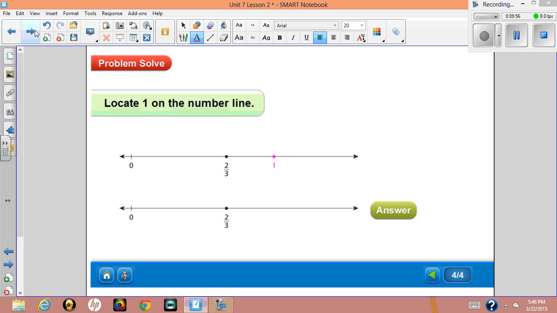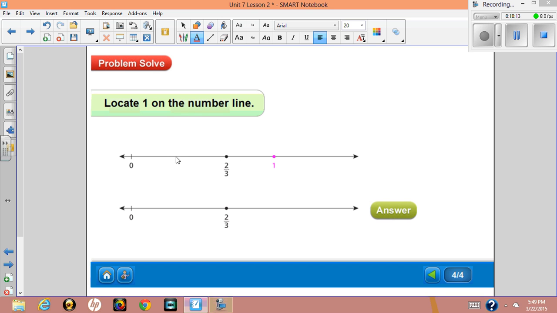Let's look again. Now this indicates locate the 1 on the number line. Now let's look at this first one that has the answer to it.